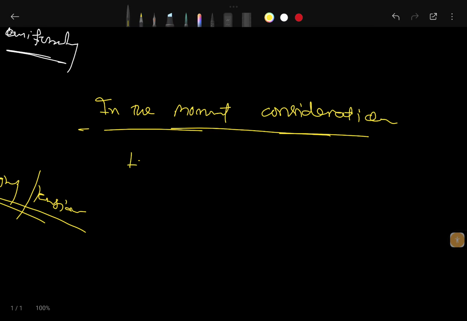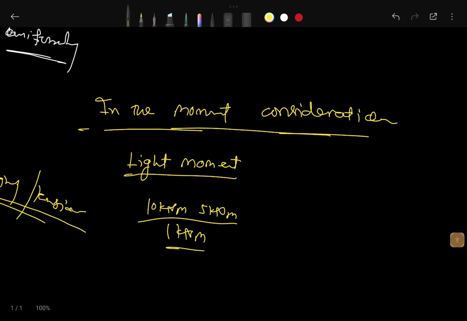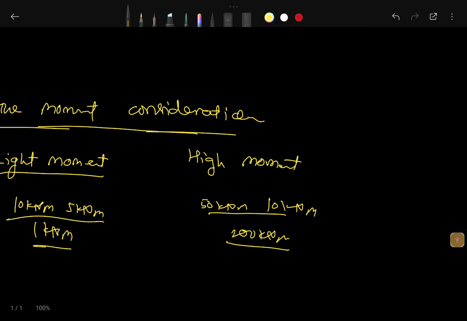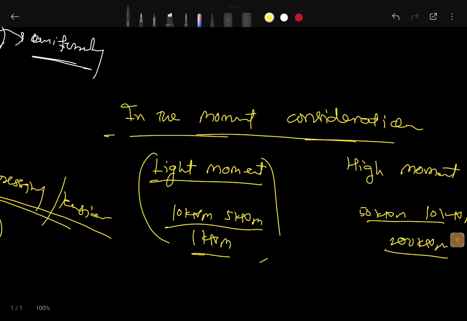Light moment means the magnitude of the moment is very small, like 10 kilonewton meter, 5 kilonewton meter, 1 kilonewton meter. This is light moment. And the second part is high moment, which is 50 kilonewton meter, 100 kilonewton meter, 200 kilonewton meter. These are high moments.